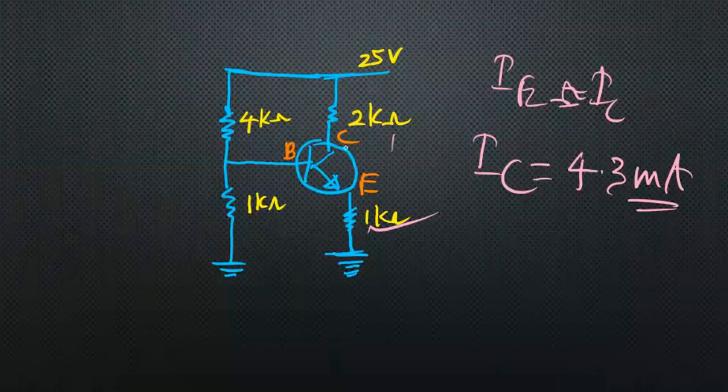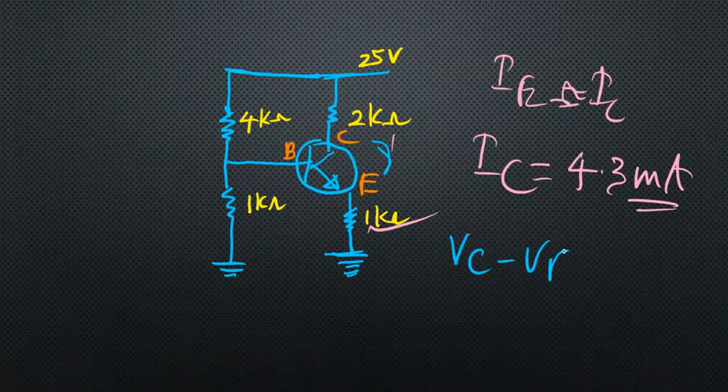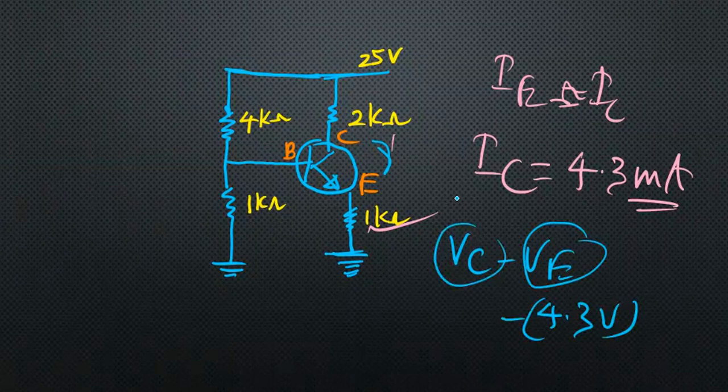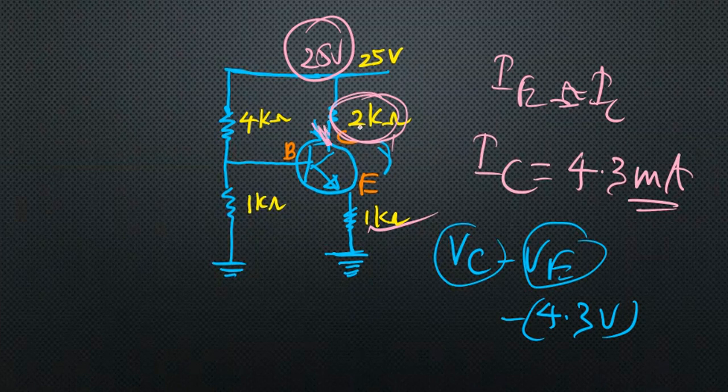Right. Last one, VCE, the potential difference across C and E. VE, of course, we know is 4.3 volt. To find the potential at C here, we know the potential here is 25 volt. If we can find the potential difference across the 2 kilo ohms, we have VC.